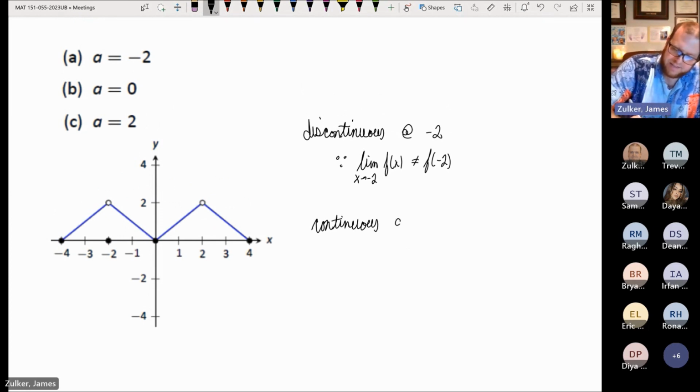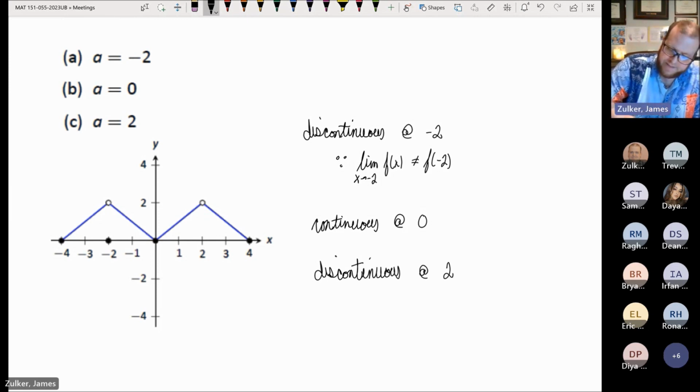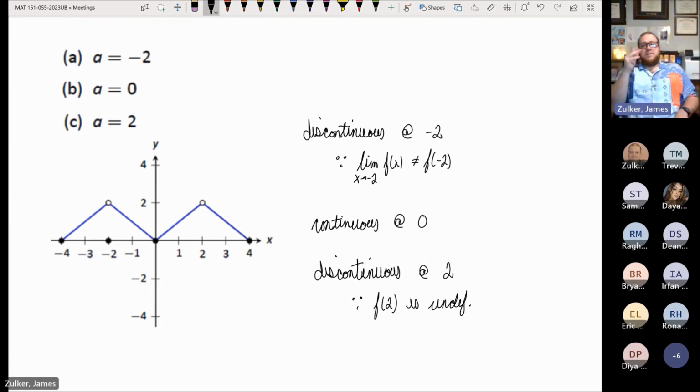We are continuous at 0. Discontinuous at 2, because f of 2 is undefined.